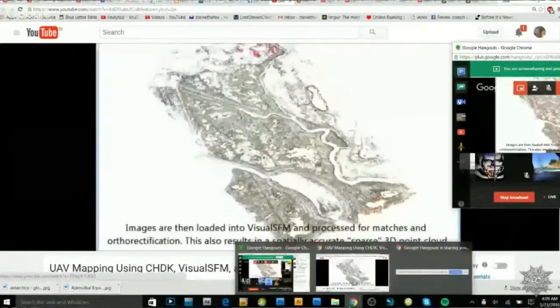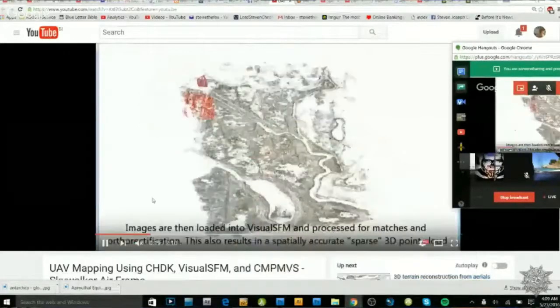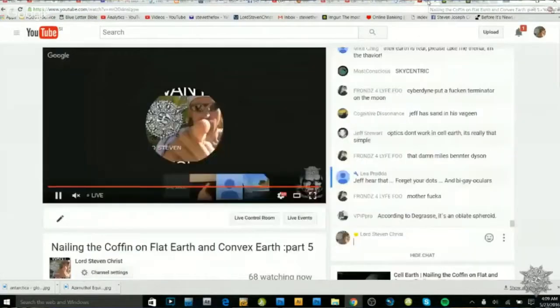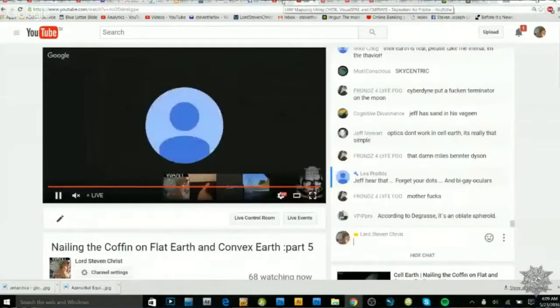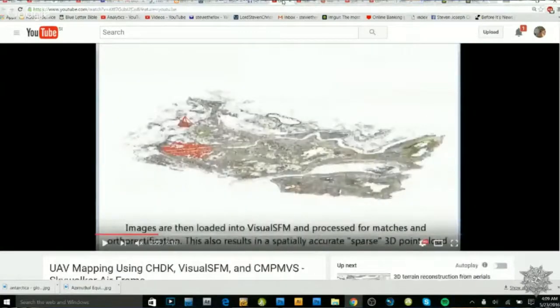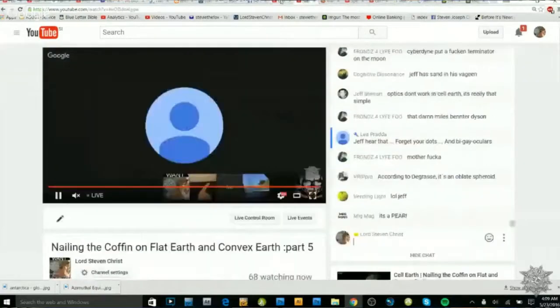Otherwise, you'd see a lump in every tile of the image, lumps everywhere because of the spherical aberration. It's called radial distortion. So they apply those algorithms to remove that from the images, and then you see a generic concave surface.